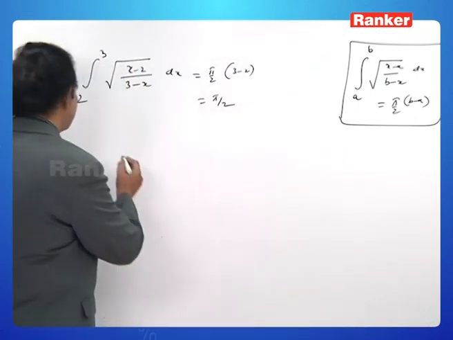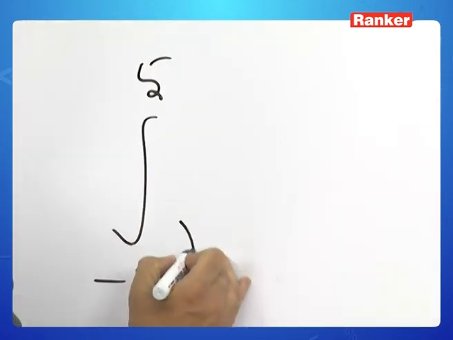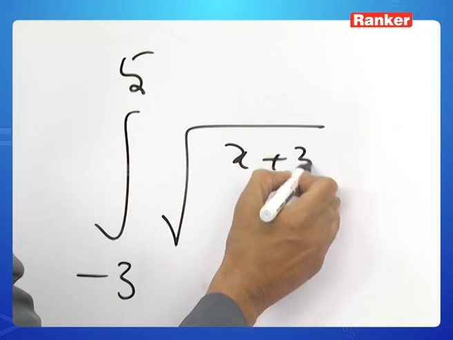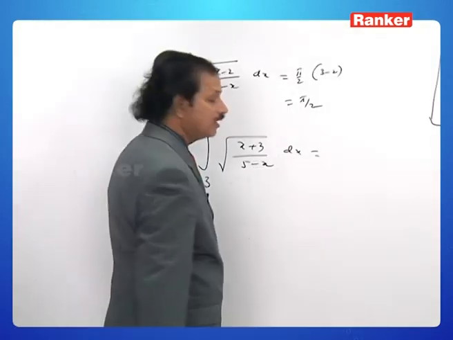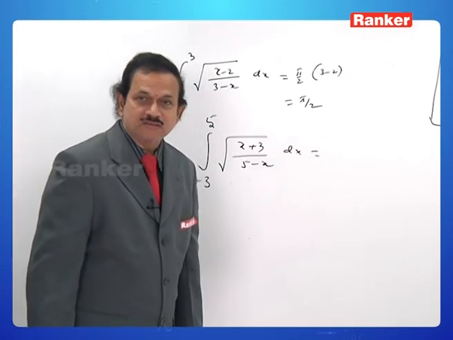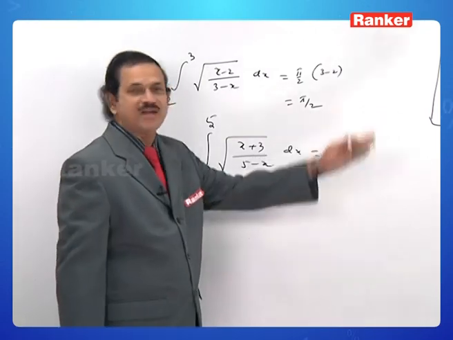Another application: the integral from minus 3 to 5 of square root of (x plus 3) by (5 minus x) dx. Come on. You may have to notice that this is in the standard form.